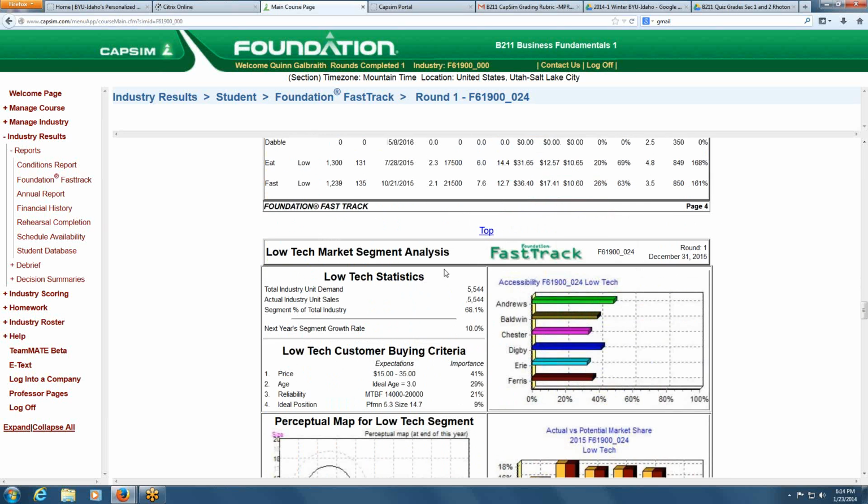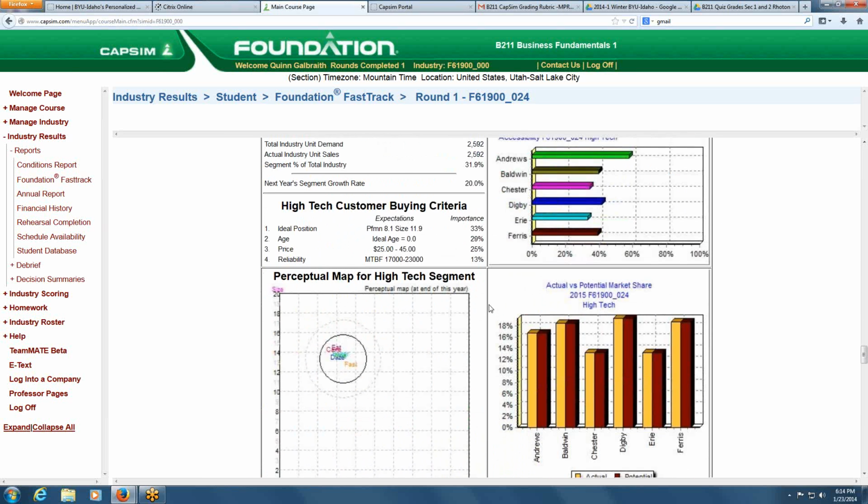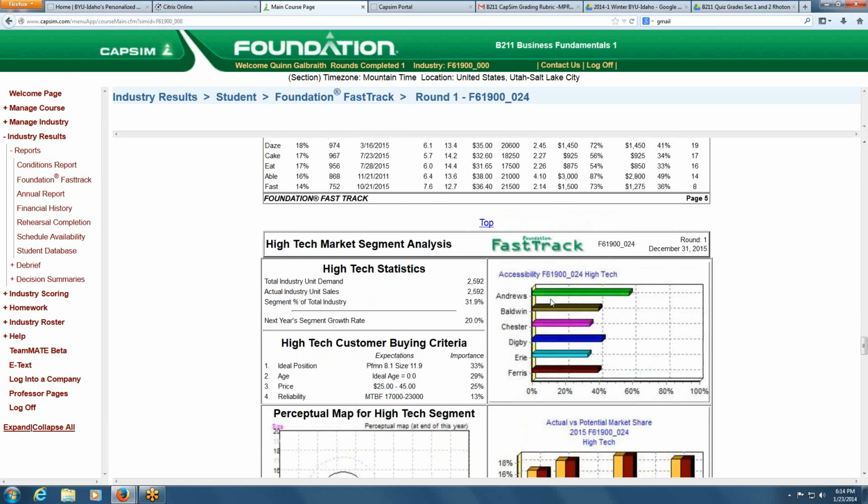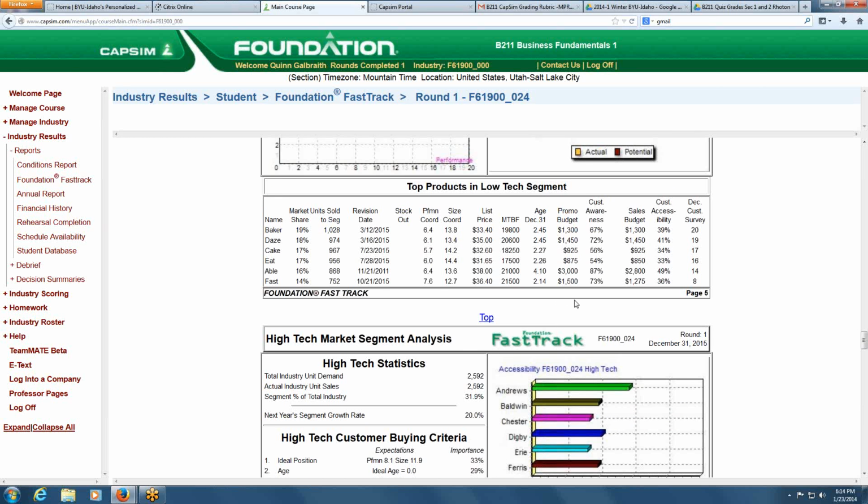If you go down, the low-tech market segment analysis and the high-tech market segment analysis explain your product even more in depth. It will say the list price, the MTBF, the age, performance, and everything. It will say who sold the most in each market, and then in order. But this is the key: it also tells you your customer awareness and your customer accessibility.